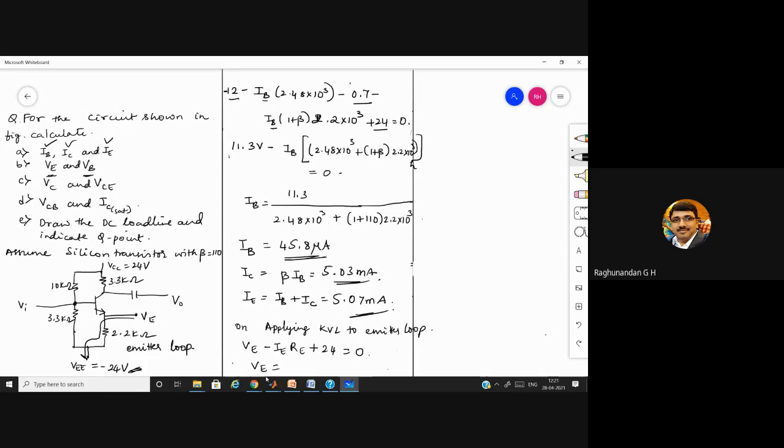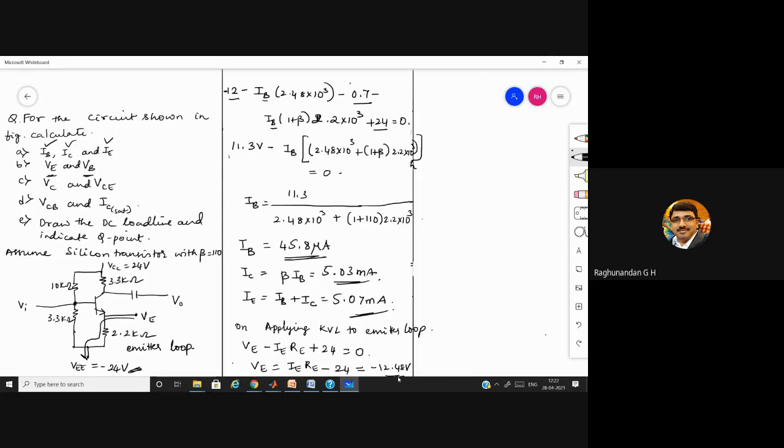So VE is equal to IERE minus 24. So what's the answer? Minus 12.48 volt.